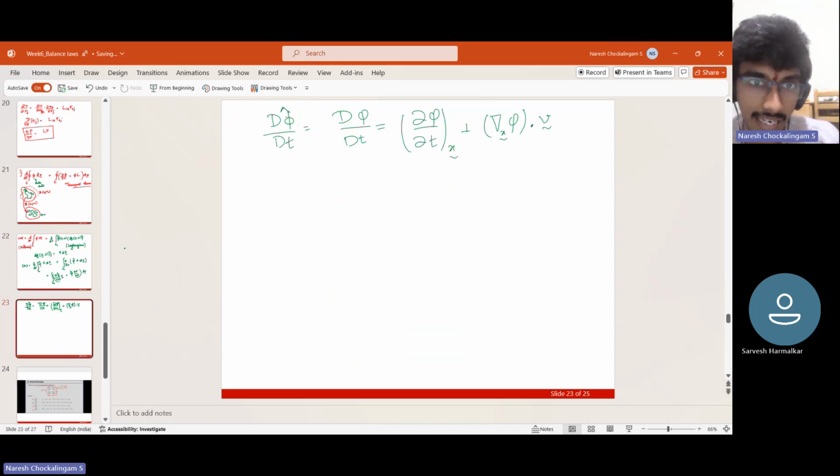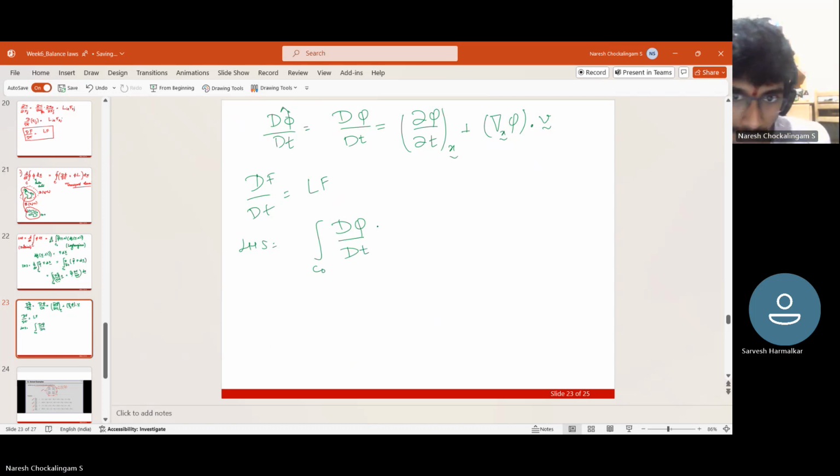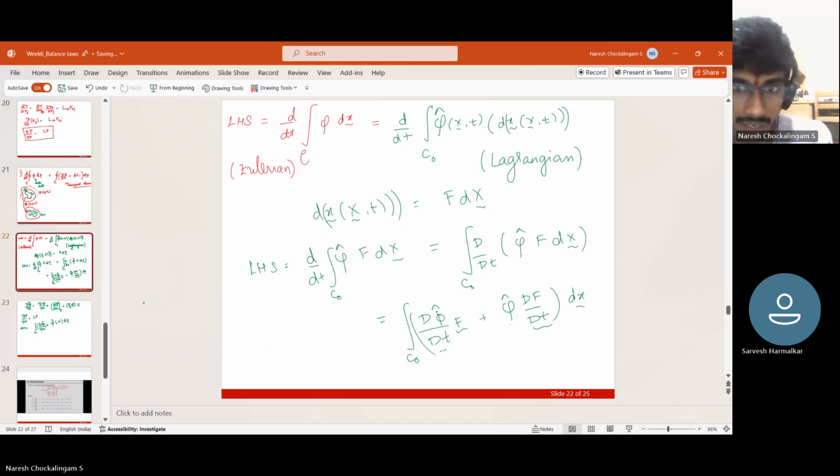The second term has a dF by dt. We just proved that dF by dt is nothing but LF. Now we'll substitute these back into the right hand side expression. We get the left hand side equal to the integral over C naught of d phi by dt plus phi cap LF, and here you have an F, dX.